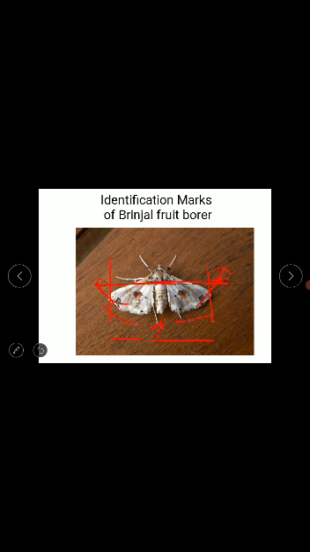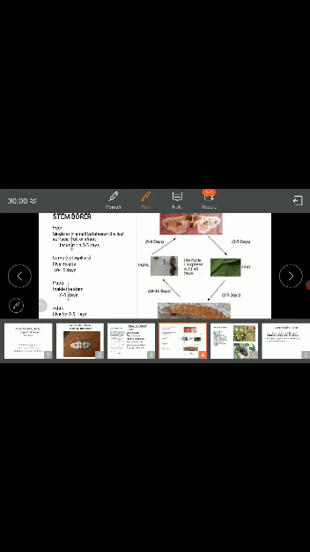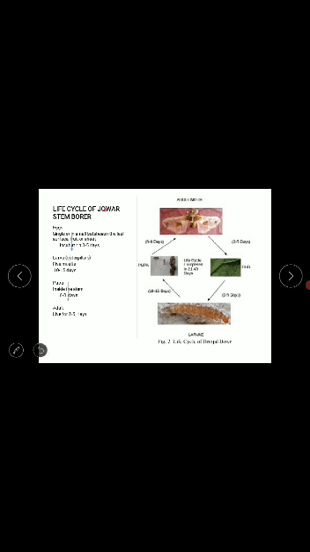Now the next point we study is the life cycle of the brinjal fruit borer.